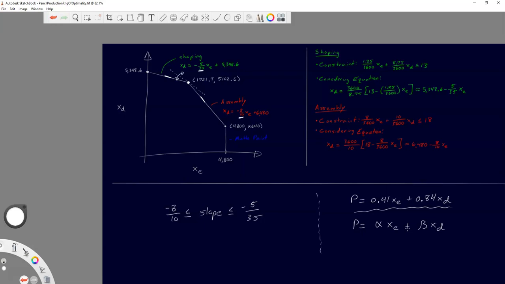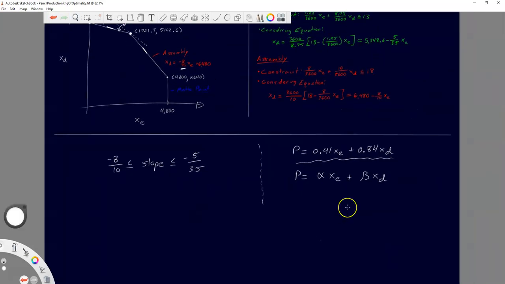And one of the things you may be looking at is, well, that's just a linear equation. So let's go ahead and put it in a form similar to what we've got up here, where our vertical axis is x sub d and our horizontal axis is x sub b. Kind of thinking of a y equals mx plus b scenario here, where the y is represented by x sub d and the x is x sub b here.